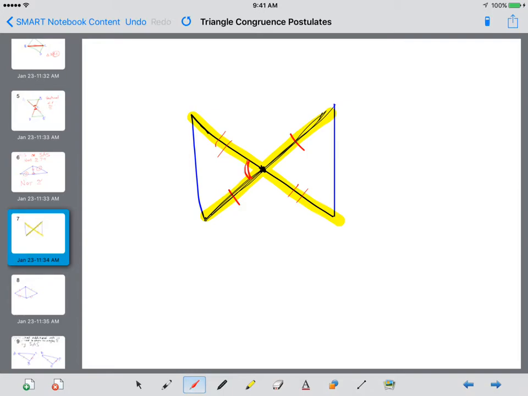So we should be marking that angle right there. So these two angles are congruent, meaning that in the left triangle I've got side, angle, side. And on here, if I start with a one tick mark, it's side, angle, side. Therefore, these two triangles would be congruent by our side-angle-side postulate.